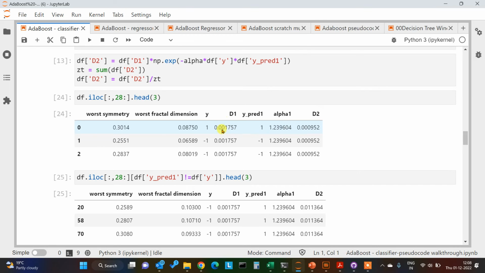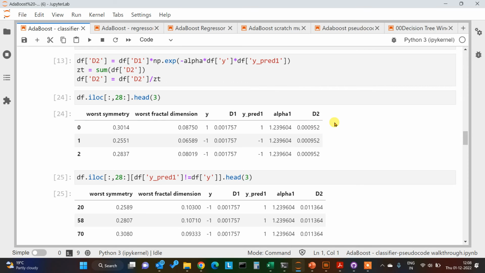If you look at the D1 and D2, you can see that the new weight is somewhat smaller than the previous weight. Why? Because these observations are correct predictions. You can see here y is 1, y pred is 1, y is minus 1, y pred is minus 1. So these are observations with correct prediction, and the new weight is smaller than the previous weight.